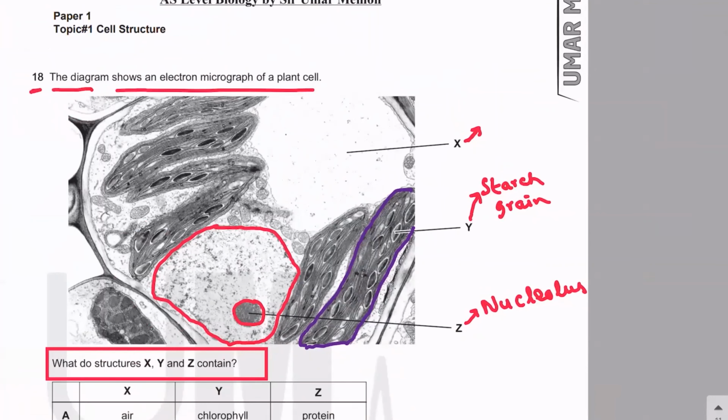Okay. We will move on to the table later on, but I want to know what is actually X. Sir, I think it's vacuole. Very good. It's actually cell sap. And exactly, cell sap is in the vacuole. So if we highlight the vacuole, this is the boundary of the vacuole or the tonoplast, we can say, right?